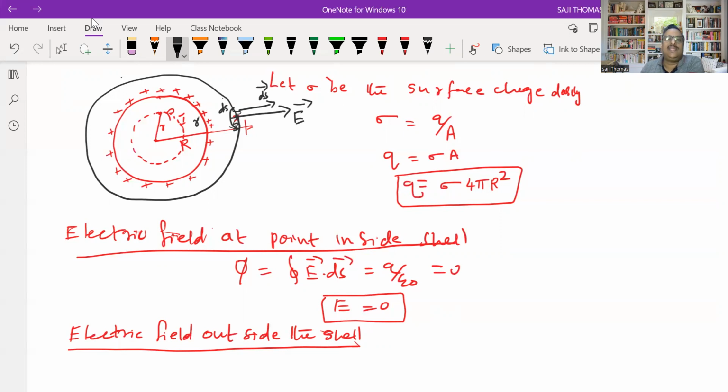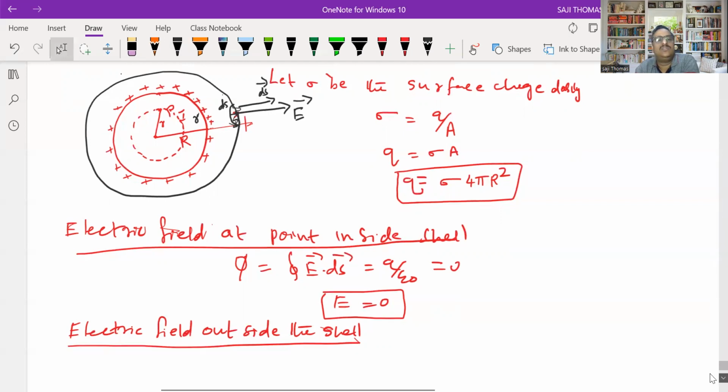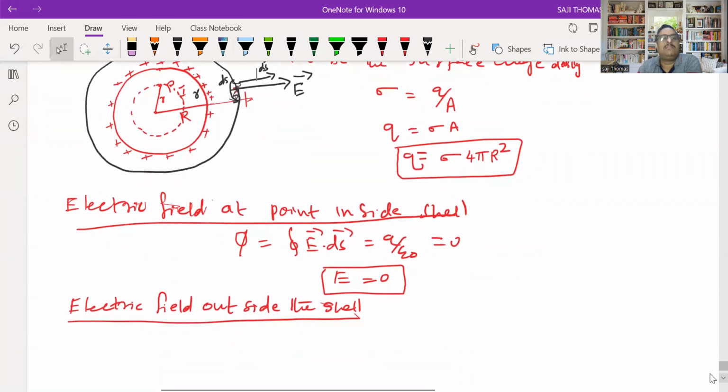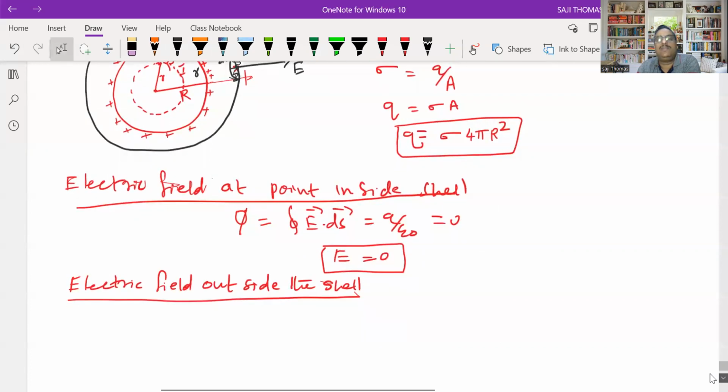So here electric field and ds are in the same direction. Area vector are in the same direction. So here Gaussian surface is that black spherical shell, the bigger one. Now you can apply Gauss's theorem.